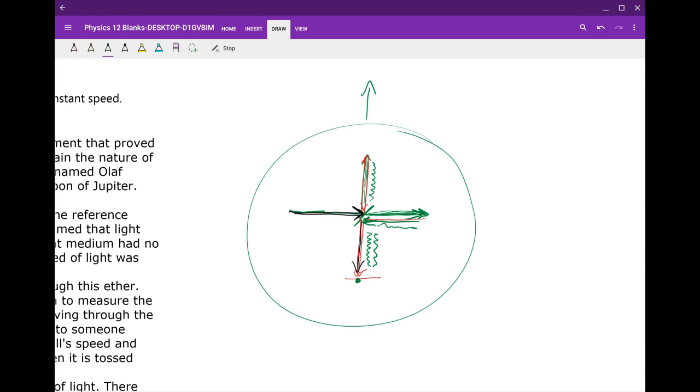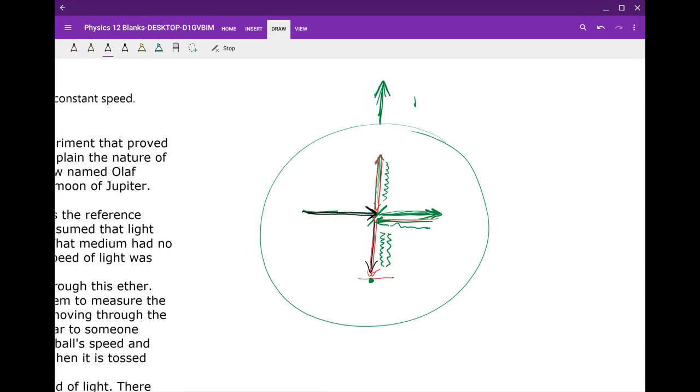So they concluded that the motion of the Earth through space has no effect on the light and its velocity, right? They were thinking that space itself, they were calling it ether.